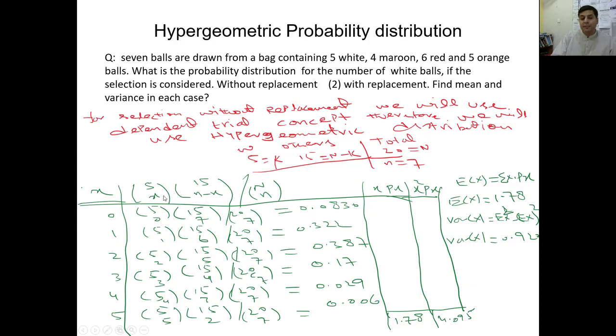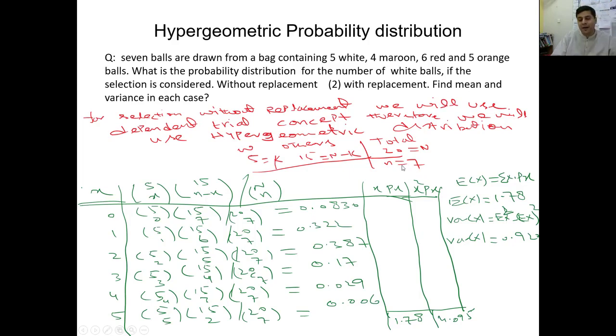And we know the hypergeometric probability distribution function is KCx times N minus K C n minus x, divided by capital NCn. We have 5 white balls, and x will start from 0, 1, 2, 3, 4, 5, because 7 balls are drawn from a bag containing 5 white, 4 maroon, 6 red and 5 orange balls.